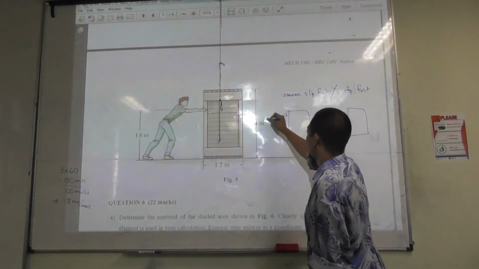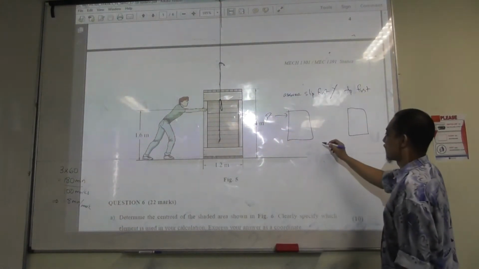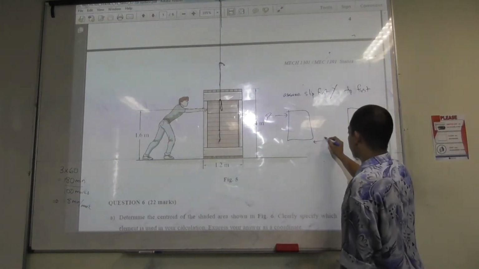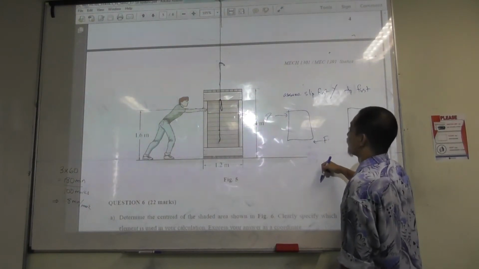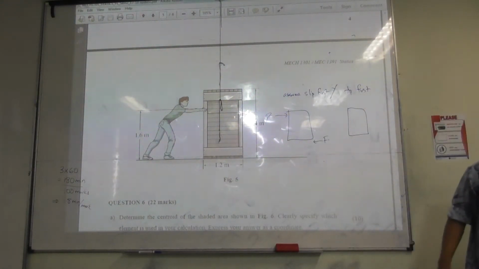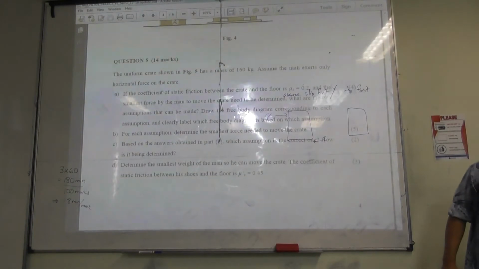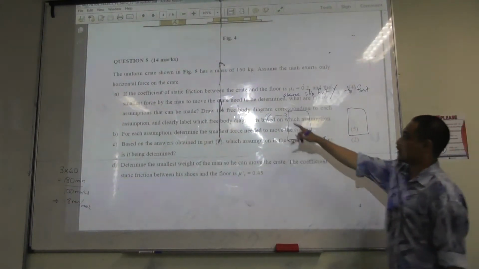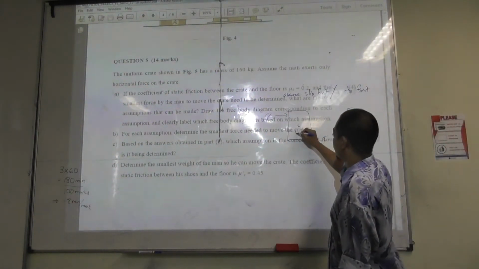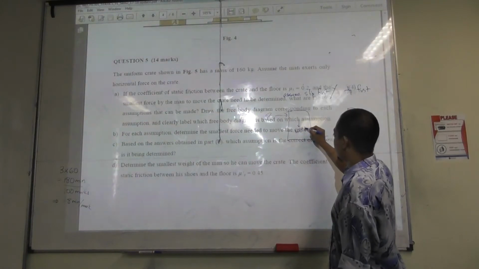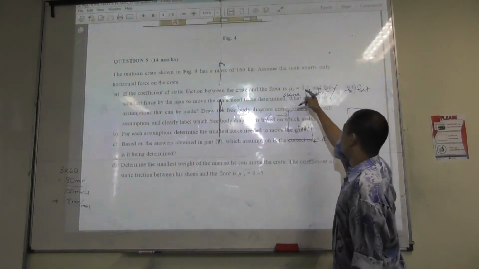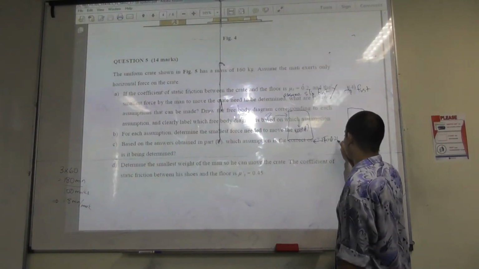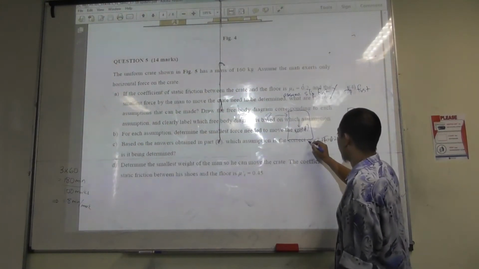So this is B, it says horizontal, right? Meaning what? F max. Okay, in this case because the question already gives some values here, so this should be 160 times 9.81 and mu s is 0.2, so 0.2 times normal, and normal is here.